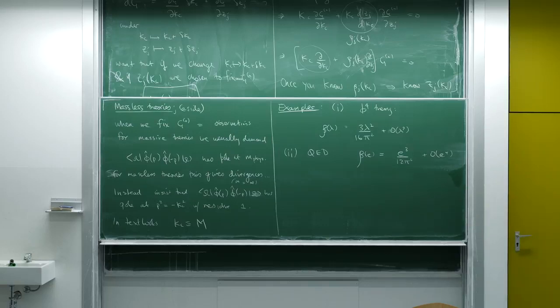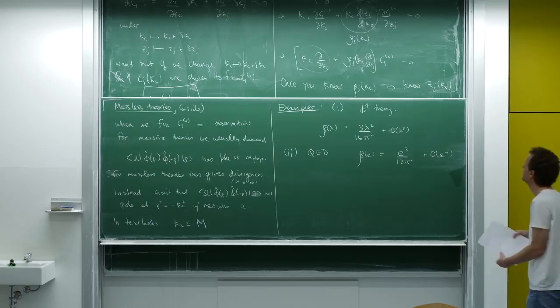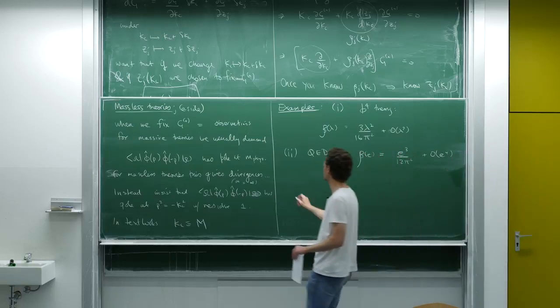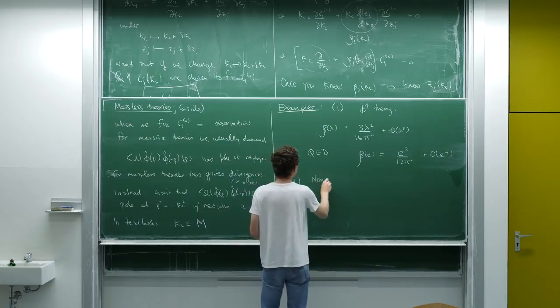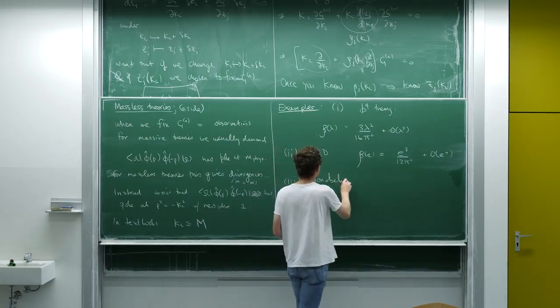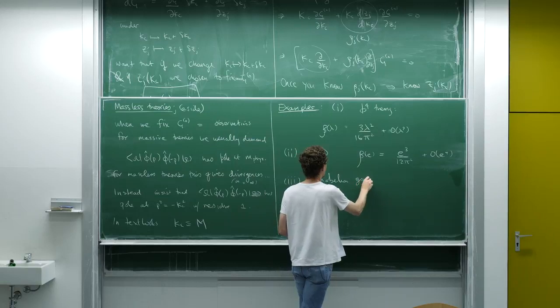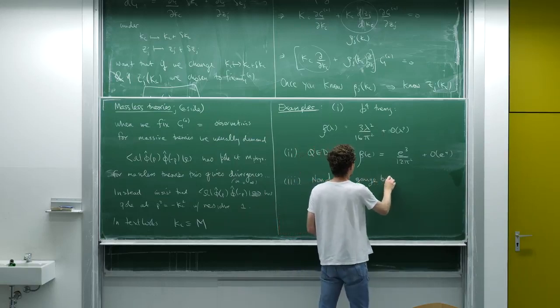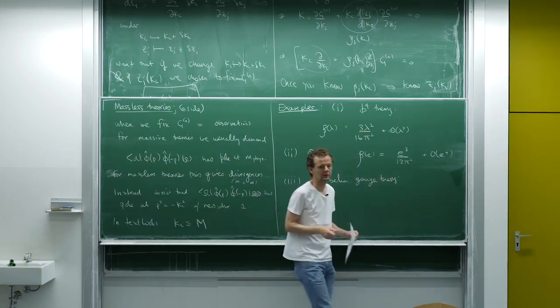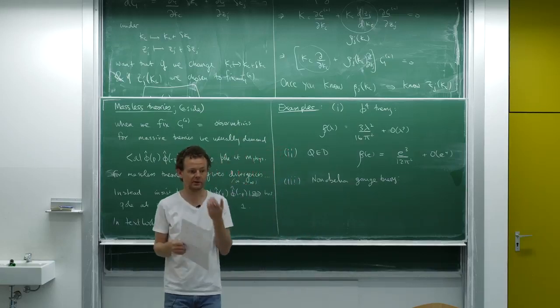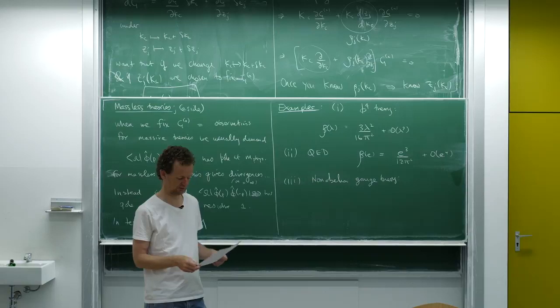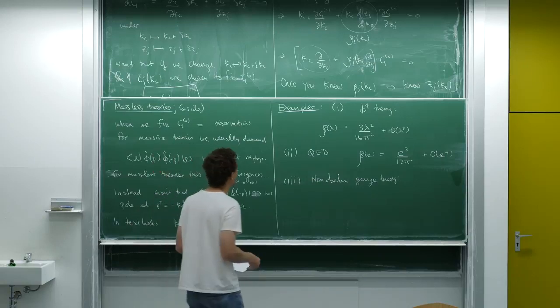You can work all this out to first loop order. It's the first place where divergences appear. And the big one, non-abelian gauge theory, this one you can also work out the beta function, or at least show you the diagrams you need to analyze.